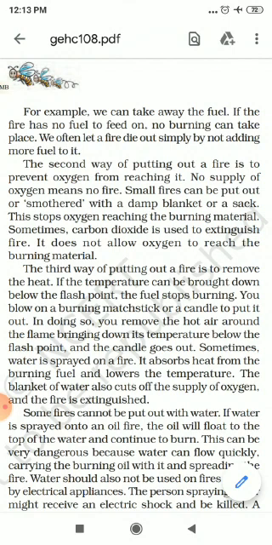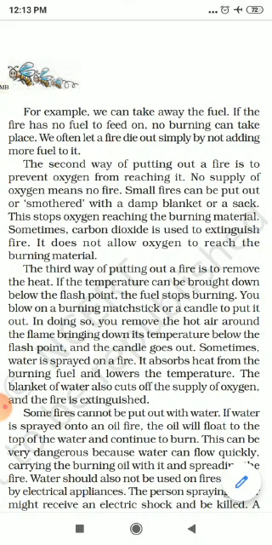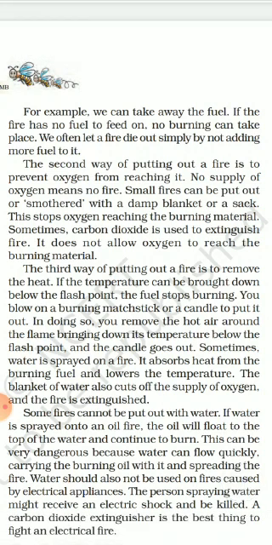And we have completed till page number 115, where the writer is talking about how we can extinguish or control the fire. For example, we can take away the fuel. If the fire has no fuel to feed on, no burning can take place.